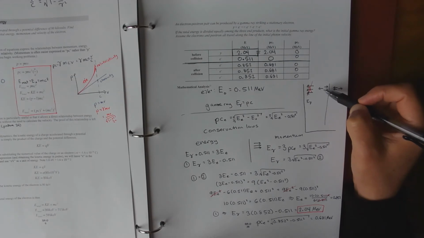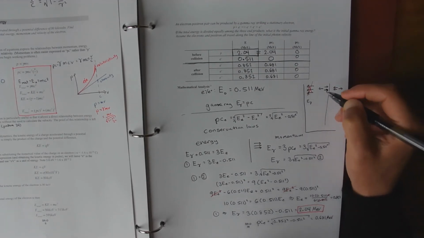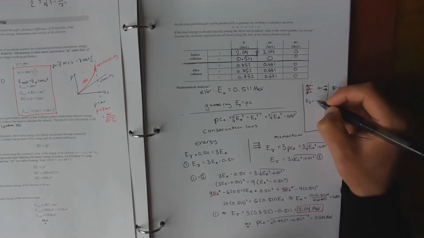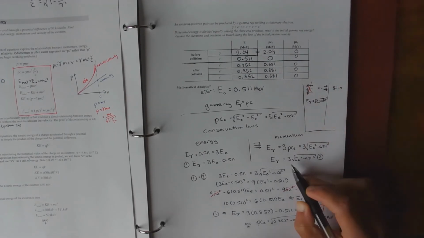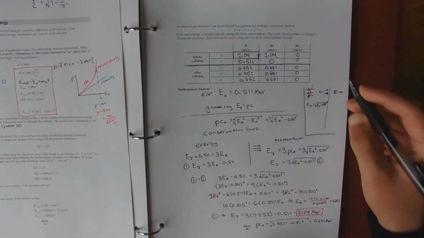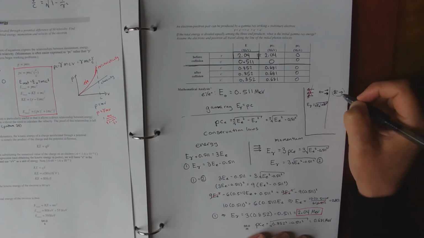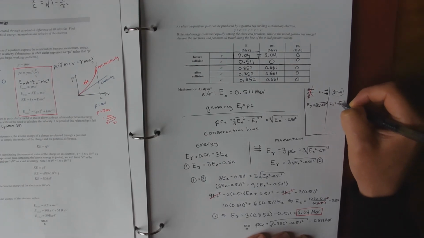So if one particle goes backward, if you add the momentum for this and this, they would cancel out, and that would leave you with the momentum for one particle going forward. So this would be the square root of this. So instead of having a 3 here, you would have a 1 here. Then, for this situation, this one and this one would cancel, but now you're left with a total momentum in the negative direction.